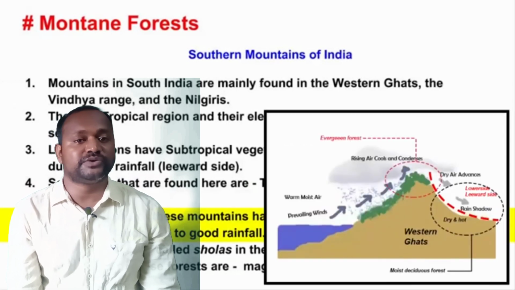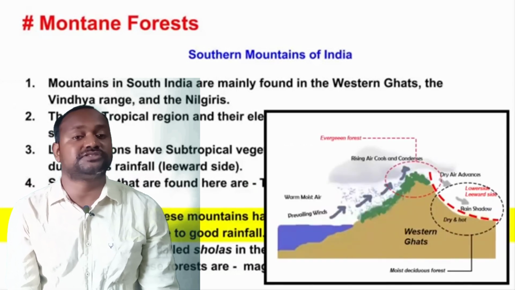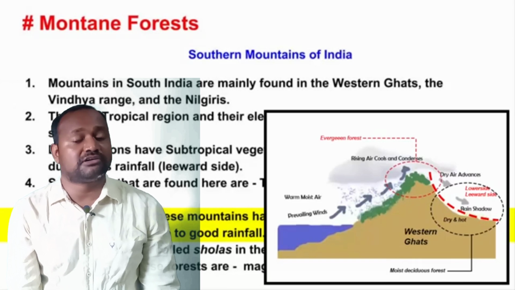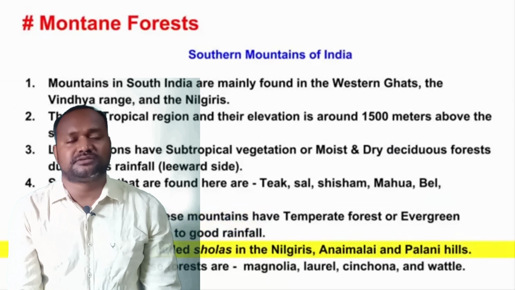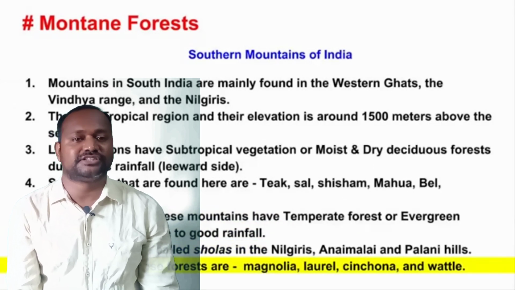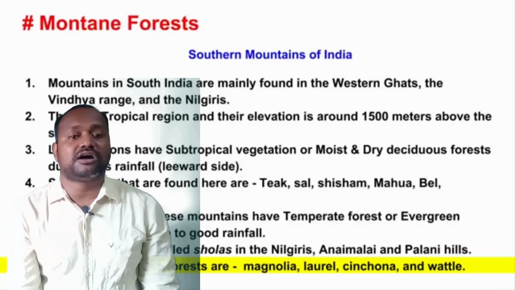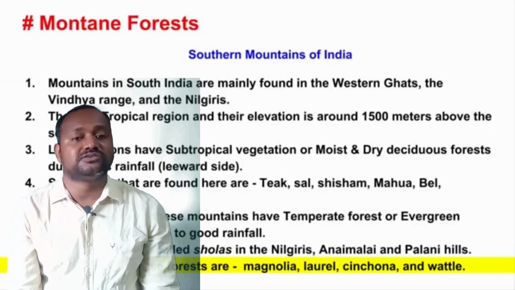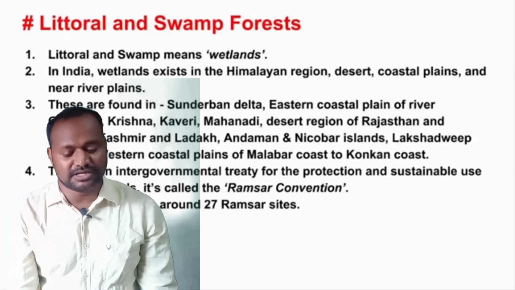According to the ecological point of view, every country should have 33% of forest cover, but our country has only around 22.6%, about 22% of vegetation. So somehow our vegetation is declining. So how to conserve it? Let's discuss.